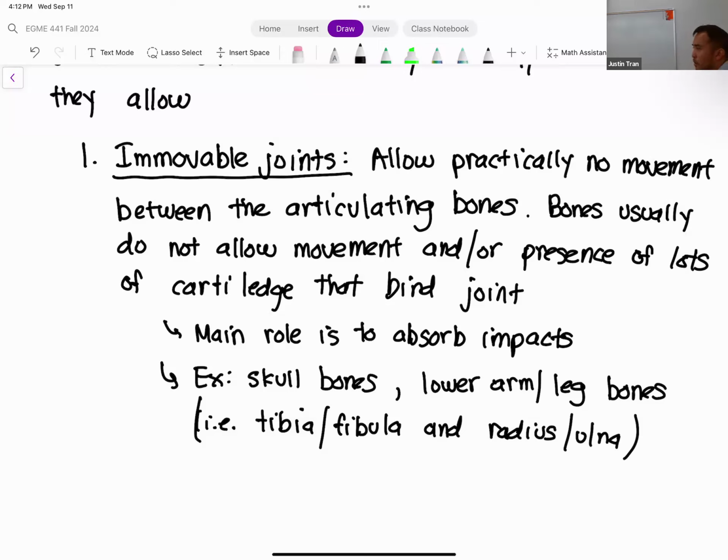A lot of the bones in your ribs also fall in this category too. So those bones aren't really meant to move. They're mostly just there to absorb force.